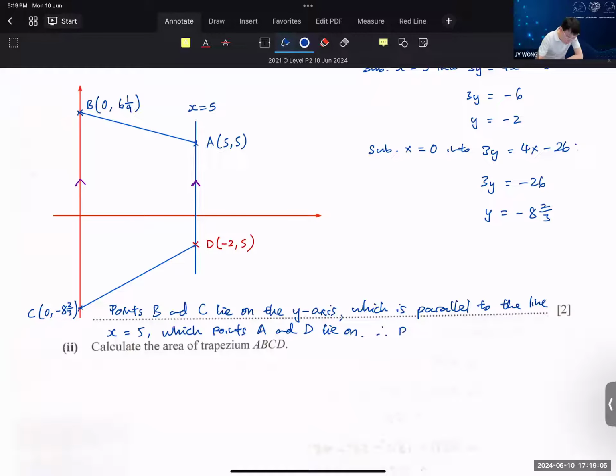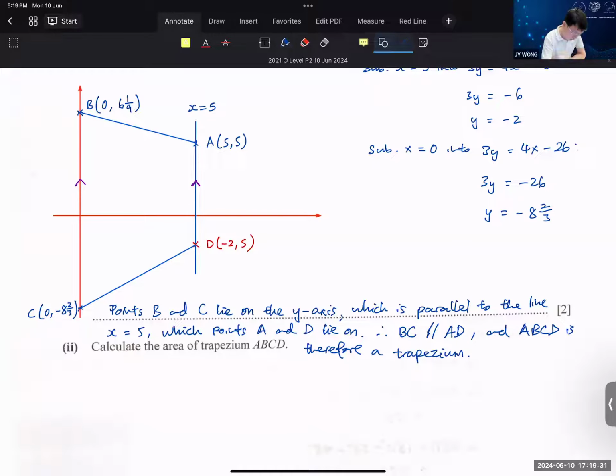Therefore, BC is parallel to AD, and ABCD is therefore a trapezium. So that will give you one explanation mark.